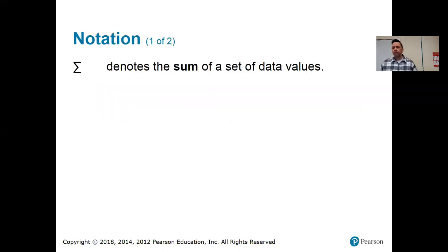All right. So here we get into our fancy notation for doing statistics. So you're going to see quite a bit of this for different things. When you see this sideways looking letter M, that stands for the sum. Okay, add them all up.